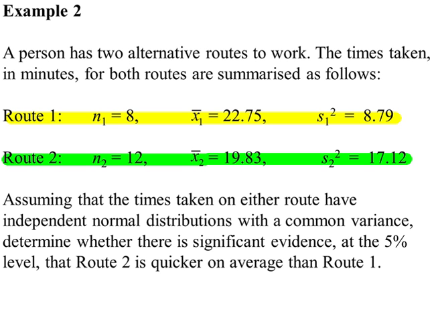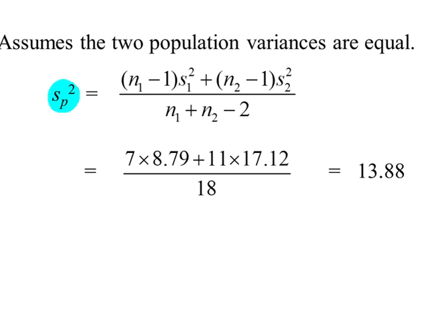Example 2, we have our 2 random samples. So we're going to calculate the S_P squared value first, the pooled variance value, like this. So it's 18 degrees of freedom.